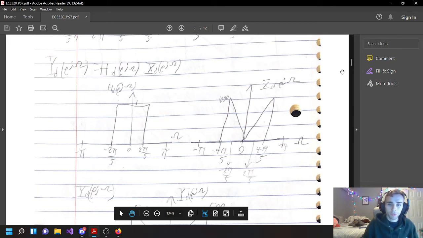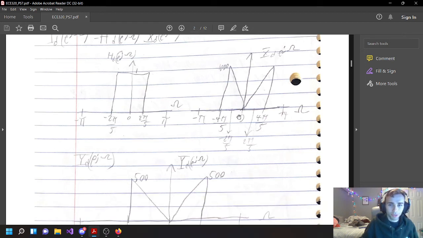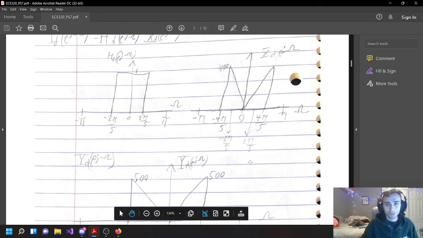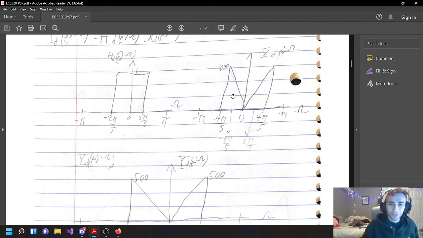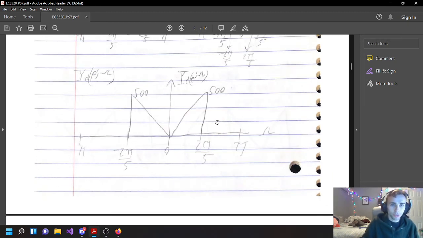I wasn't really sure, but it looked pretty linear, so I had the height as 500. Hope that's right. Everything else is 0 when it's cut off over there. So this is your discrete output.